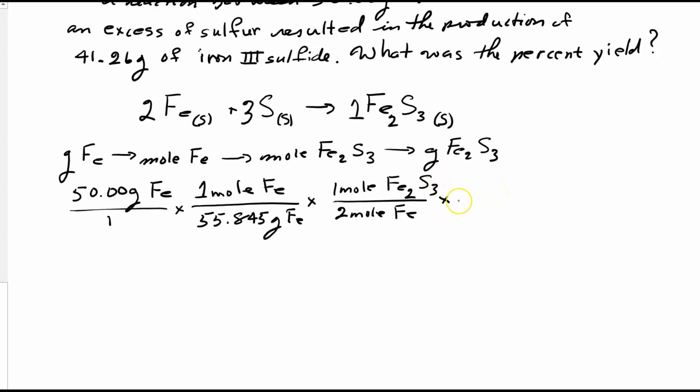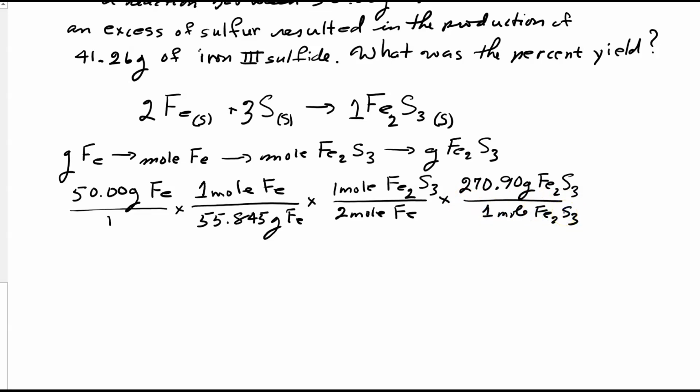Then we need to figure out how many grams of iron sulfide that is, and if we add up all the pieces to the iron sulfide formula, 2 parts of iron, 3 parts of sulfur, all as atomic mass units, we come up with 270.90 grams of iron 3 sulfide for every 1 mole of iron 3 sulfide.